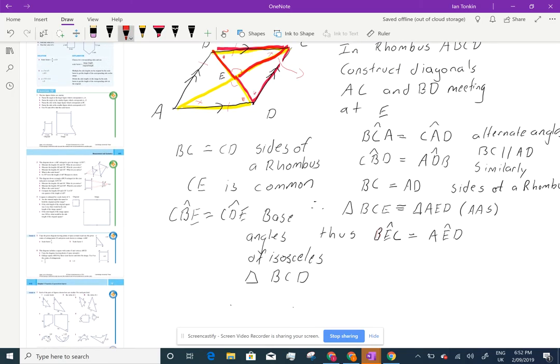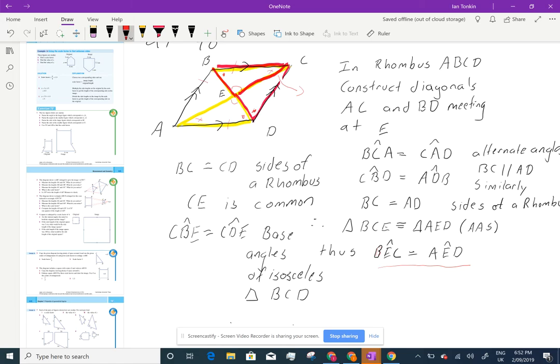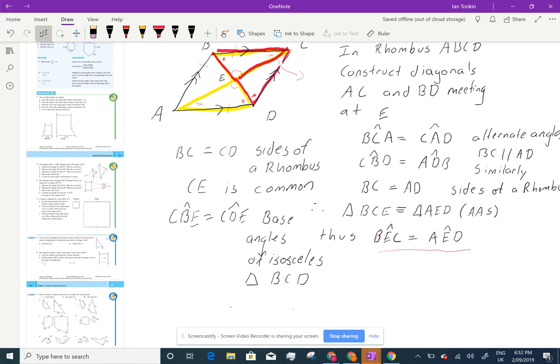So I've got this angle. They're equal, but that was a bit of a waste of time. But because I've proved over here that these two triangles are equal, I know that CAD is equal to BCA, and so here we go. So let's go with this. CAD equals ACD, why?